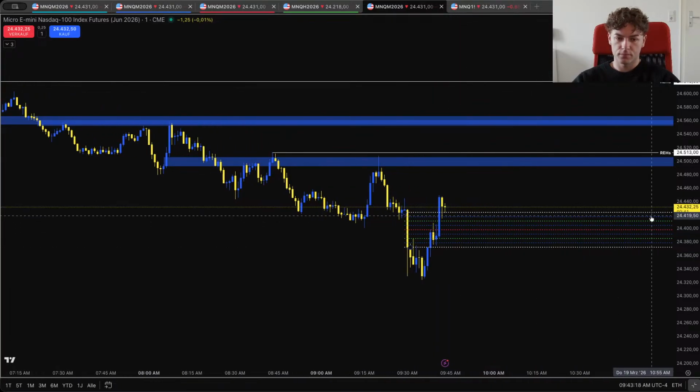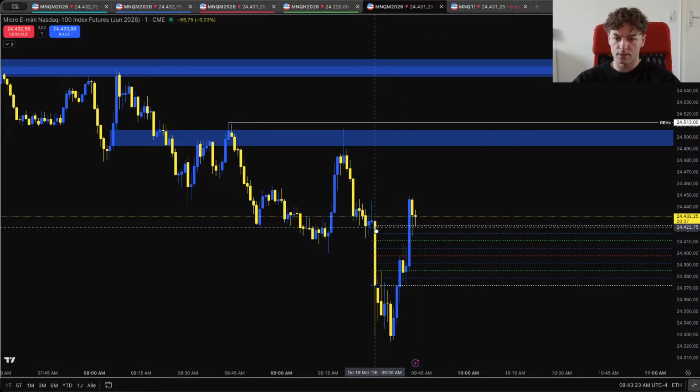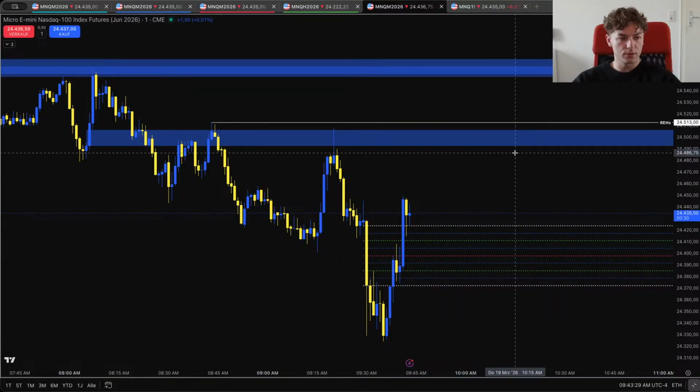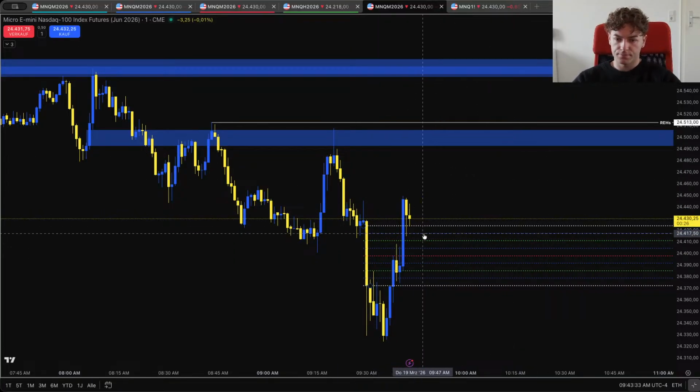I'm not quite sure about this one, but that's a significant displacement, so it's still worth noting. That should give us the price run high into these relatively equal highs.